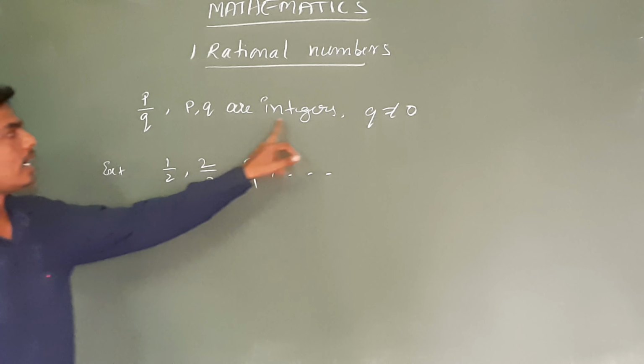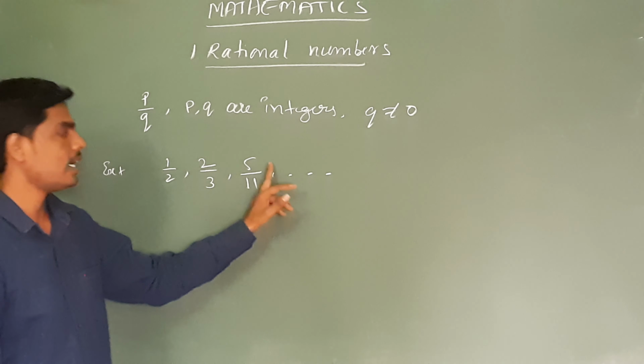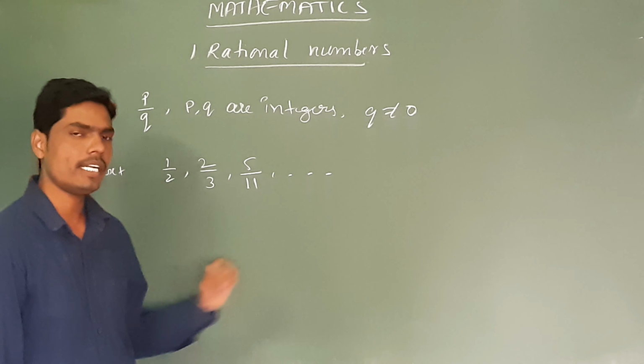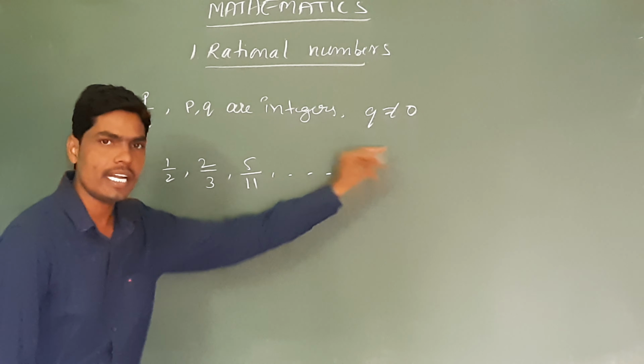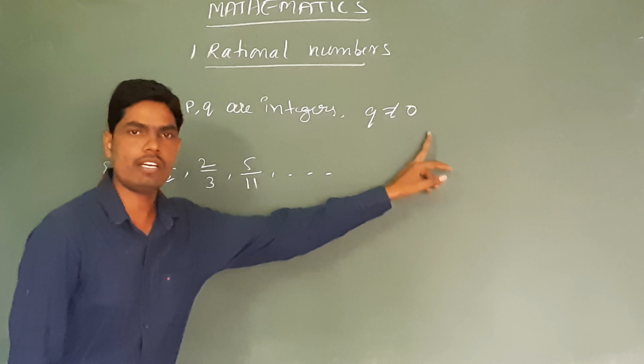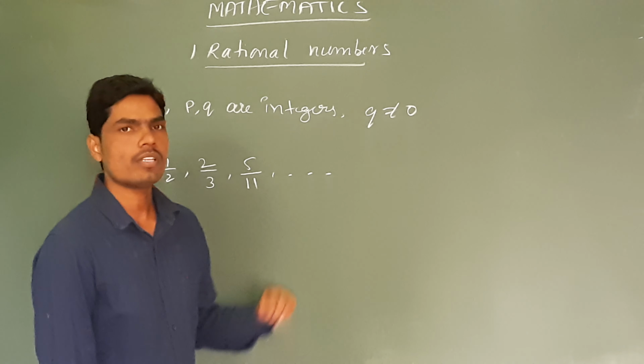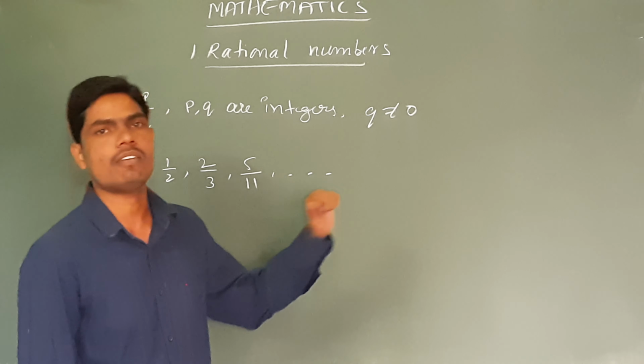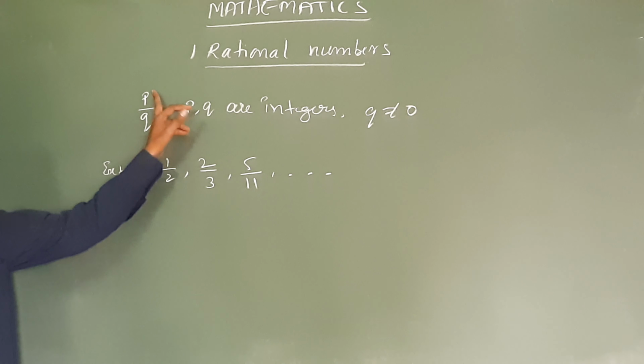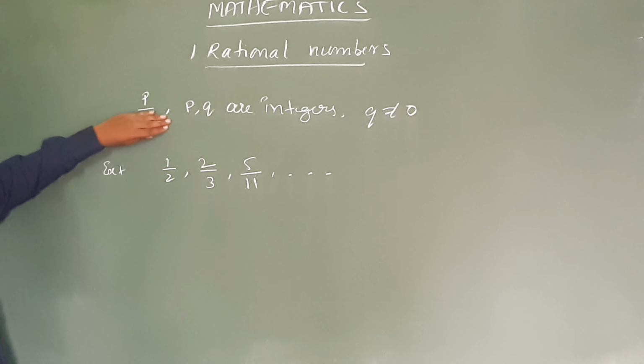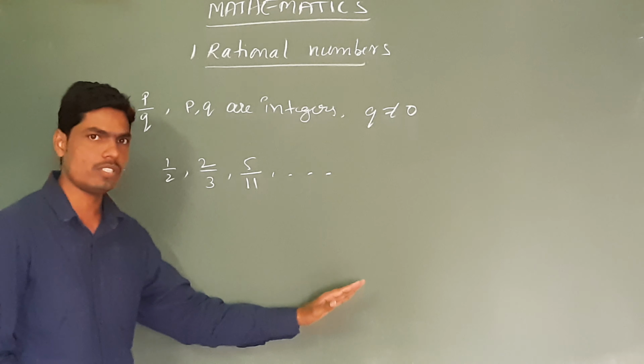Here it is a condition that q is not equal to 0. That means the denominator should not be equal to 0.